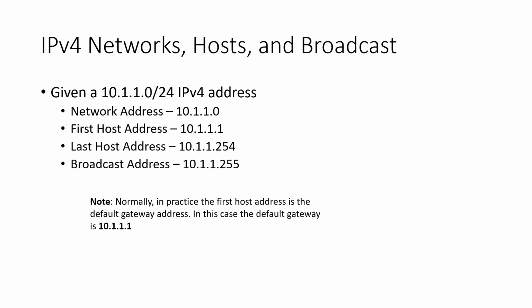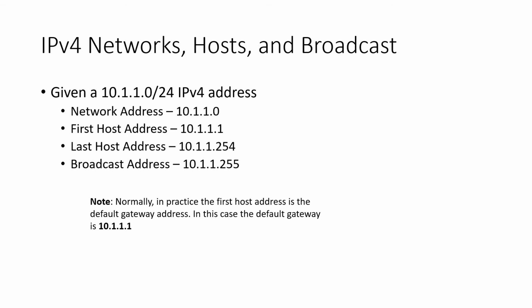So IPv4 network, host and broadcast. Given a 10.1.1.0/24 IPv4 address, the network address would be 10.1.1.0. The first host address will be 10.1.1.1. The last host address will be 10.1.1.254, and the broadcast address will be 10.1.1.255.